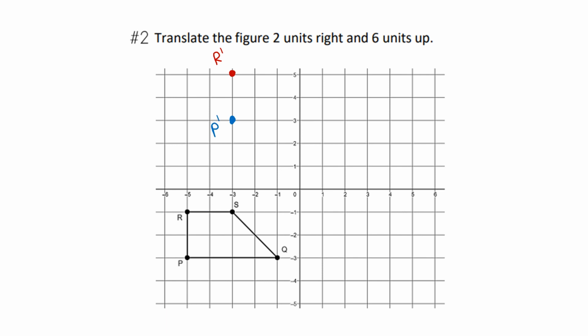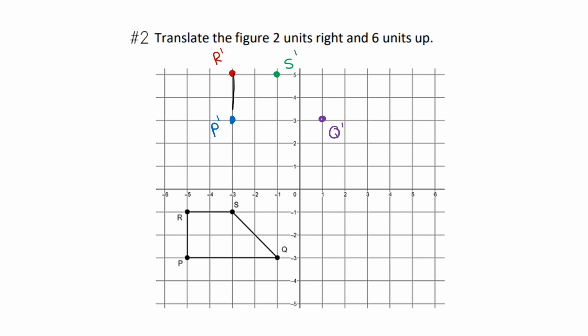For point S, we count 2 right, 1, 2, we count 6 up, 1, 2, 3, 4, 5, 6, and label it S prime. And for point Q, we count 2 right, 1, 2, we count 6 up, 1, 2, 3, 4, 5, 6, plotting our point, labeling it Q prime.